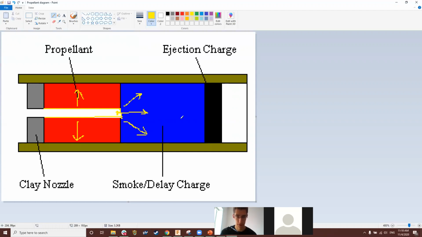Let's say 4 seconds. After 4 seconds, the ejection charge, which is black powder, is going to explode, and those gases are going to push out the parachute. So this is the most common way of recovery. You basically use black powder to deploy your parachute.